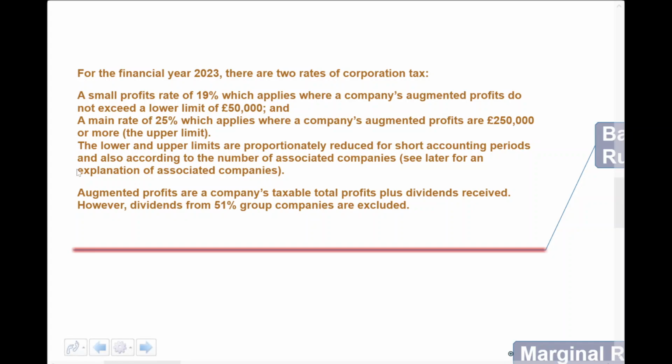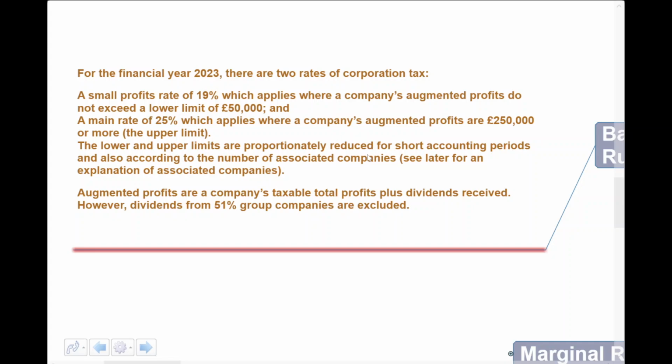Here, this particular sentence simply says that there's 2 scenarios, and both could be in play in one question, where these limits, the 50 and the 250, are reduced. So imagine we've got a company that's looking forward to paying CT at 19%.